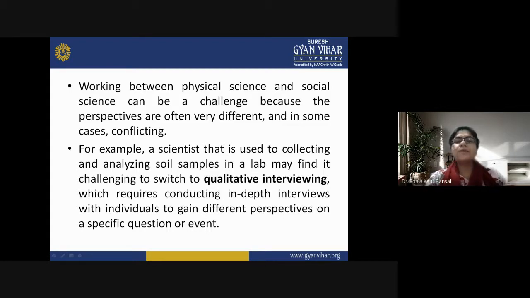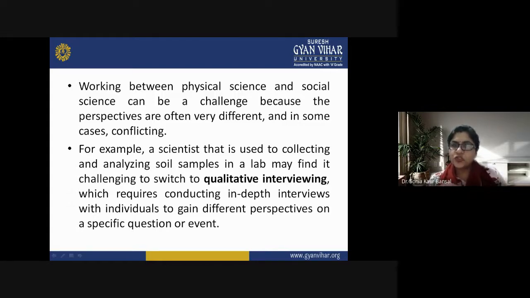For example, a scientist who is used to collecting and analyzing soil samples in a lab may find it very challenging to switch to qualitative interviewing, because he is experimenting on different varieties of soils.